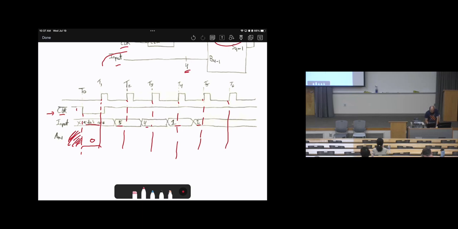The input we don't care about here. The update happens at the positive clock edge. The clear button is still pressed, therefore the output will still remain 0.